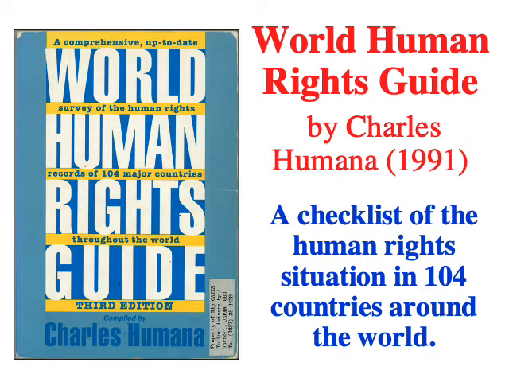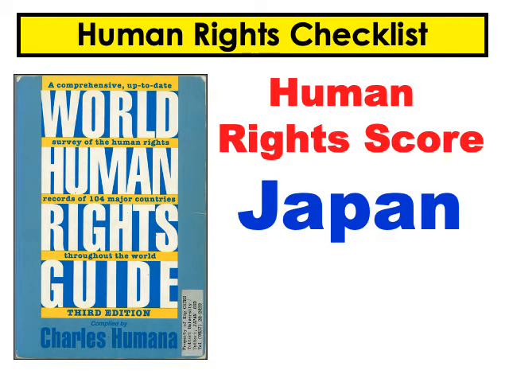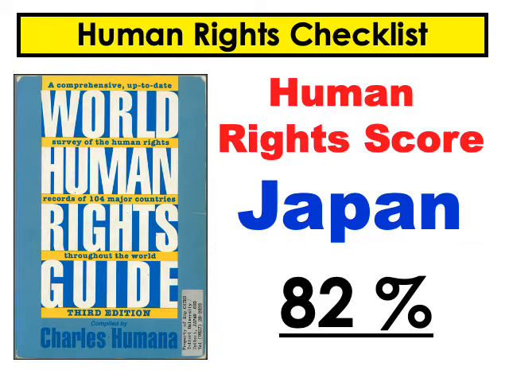Humana used the same 40 human rights that the students did for their checklist of Japan. So here's an expert, using the same 40 human rights in our checklist. What rank did he give for Japan? If you look in his book, turn to the Japan page, the answer is 82% for Japan's human rights score.